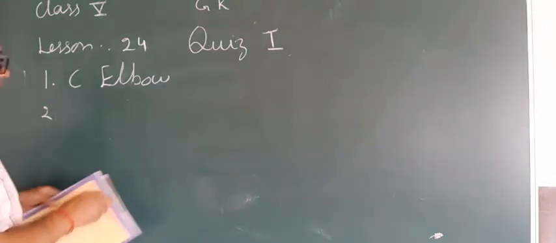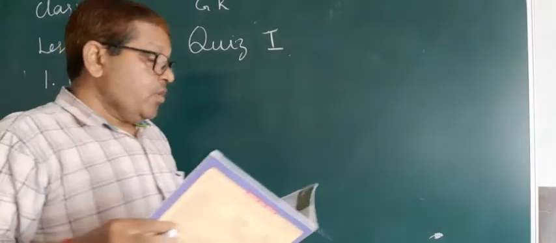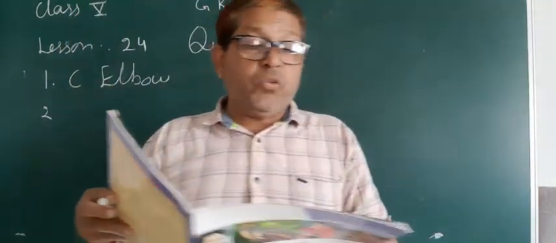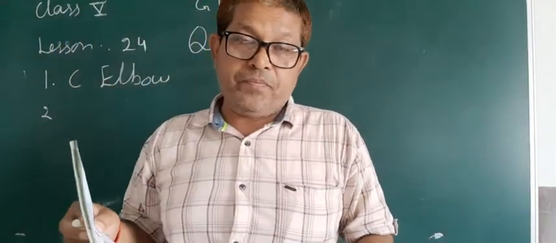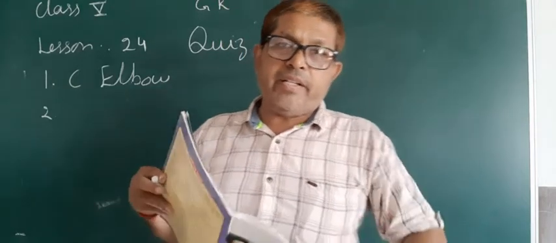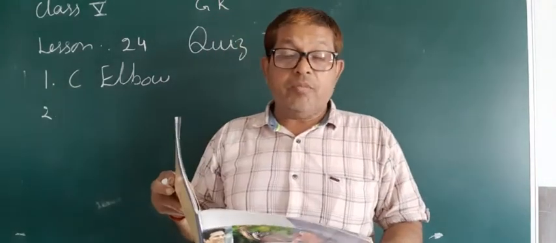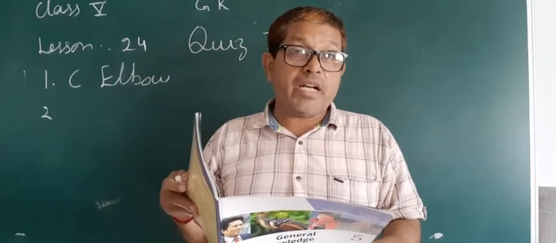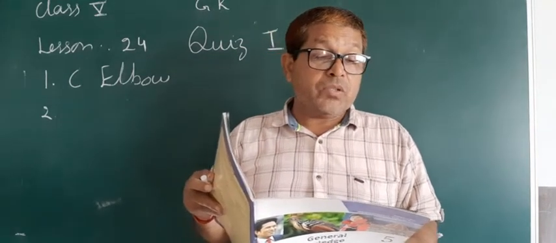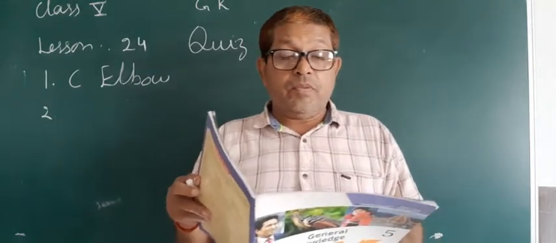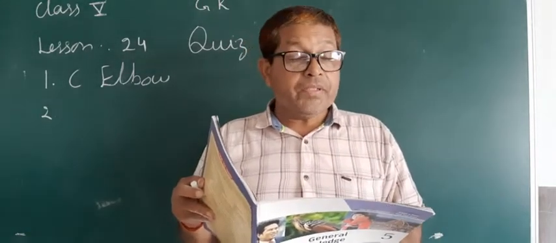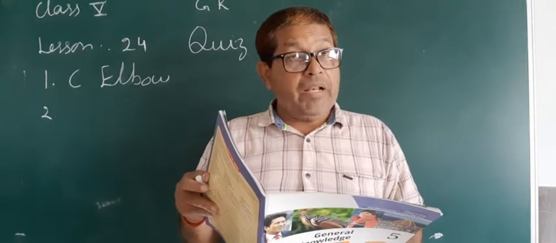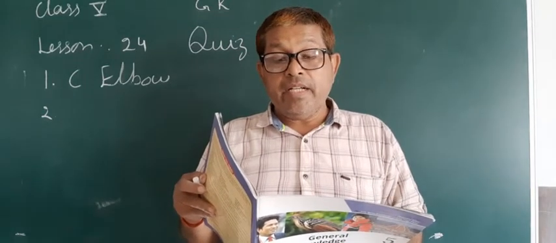Now second, which is the largest bone in the human body? Our body contains bones and you have to tell the largest bone. So 3 options are given: femur, pelvis and clavicle.